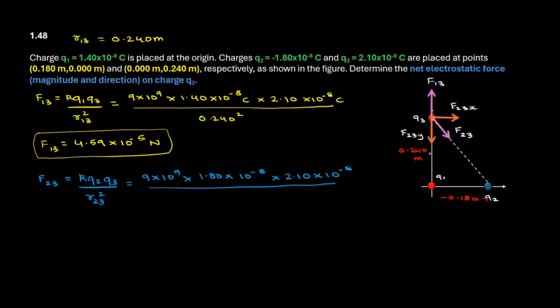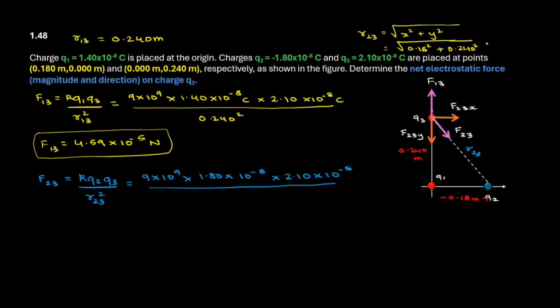And R23 is the distance between charge 2 and 3, which is this line here. We can calculate this distance by using the Pythagorean theorem. So I will write R23 to be equal to the square root of x component squared plus y component squared, which you can write as the square root of 0.18 squared plus 0.240 squared.